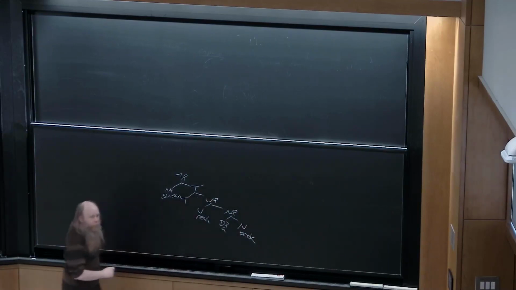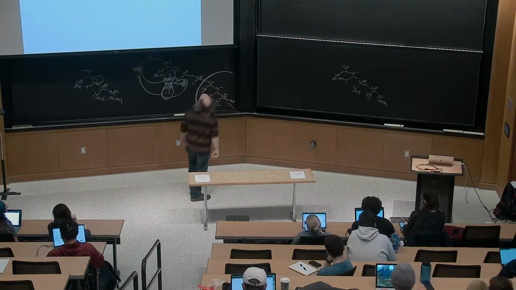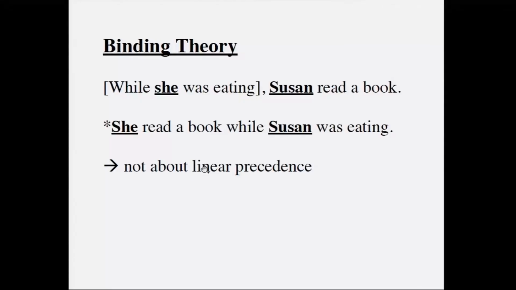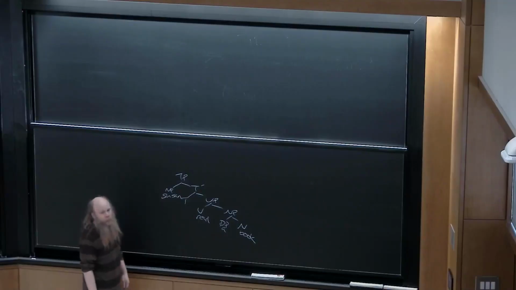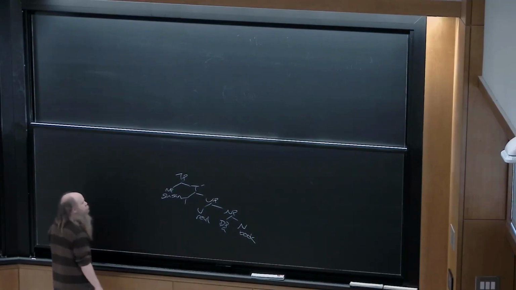Do that for Susan read a book. And then we need somewhere to hang while she was eating. And we need it to be some kind of adjunct, right? So it's not in the same kind of relation as anything else. It's not selected by anything, right? There's no particular reason for it to be anywhere. So there are various ways we could do that.